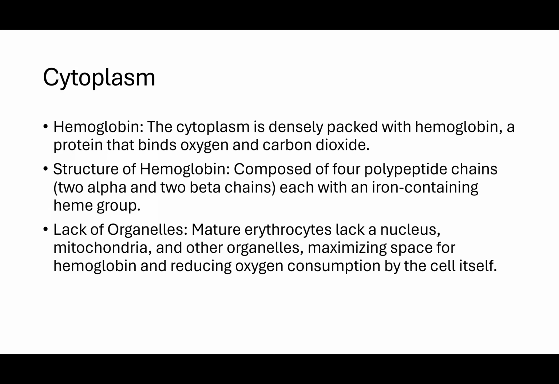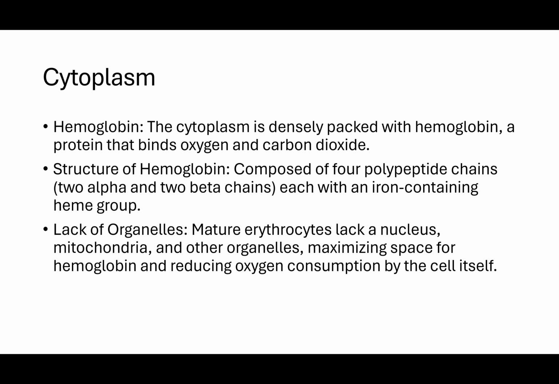Cytoplasm now: the cytoplasm is densely packed with hemoglobin, a protein that binds to oxygen and carbon dioxide, and in some cases carbon monoxide as well. For the structure of hemoglobin, we have 4 polypeptide chains, 4 tertiary structured polypeptides.